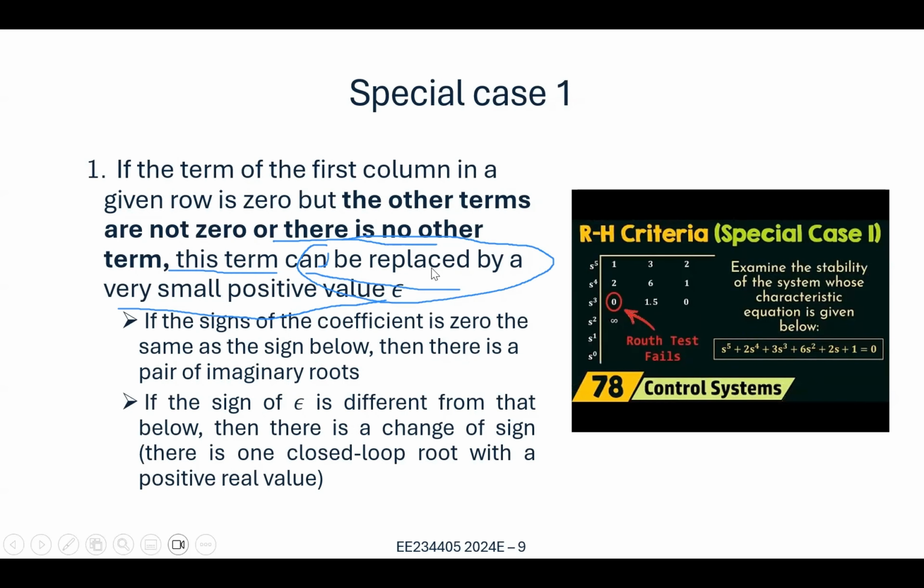And we can replace this with a small positive value epsilon, and if the sign of the coefficient again is 0, then there is a pair of imaginary roots, and if the sign is different, then there is a change of sign.